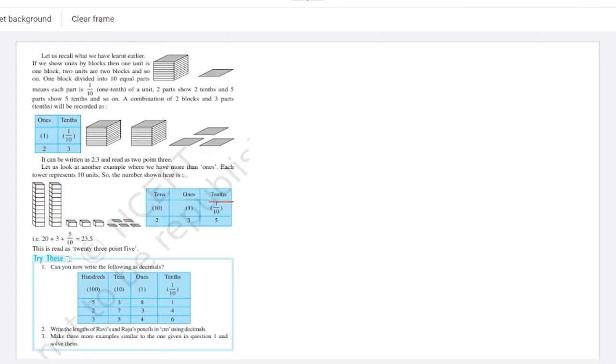Ones and tens positions are there. In tens position you will write 2 because there are 2 towers. In ones position you have 3 that you have written here, and 5 in the 5/10 position. So 5/10 means 0.5.